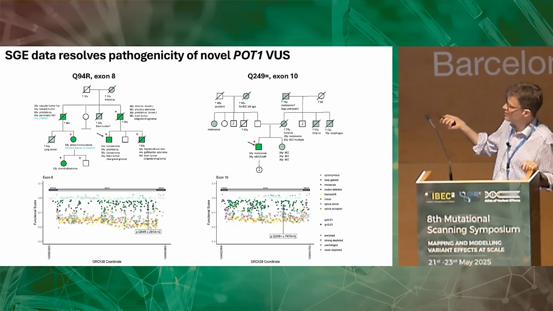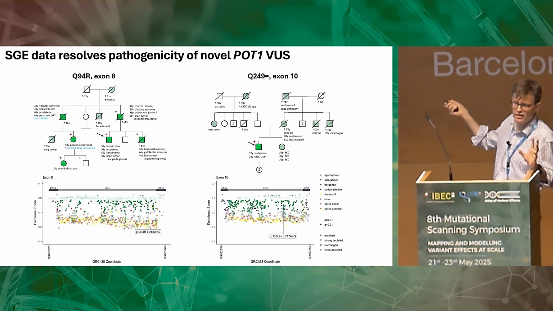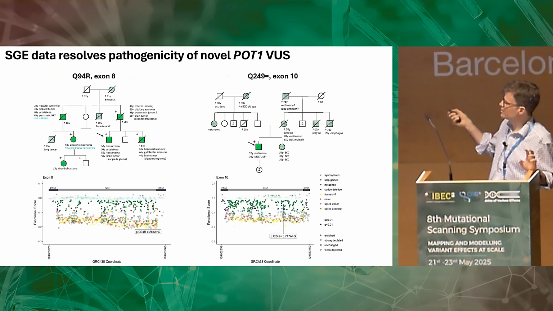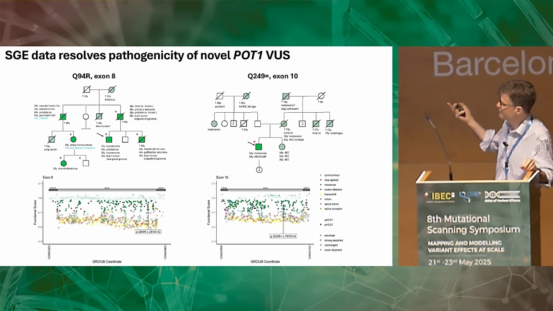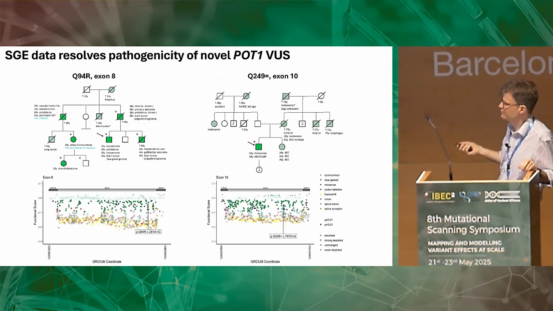This specific variant here, we may well have suspected could be disruptive, but this variant in this family here is a synonymous alteration, and we certainly wouldn't have predicted that this was disruptive of function. So the fact that we're generating all of that different nucleotide level variation across the entire gene gives us an opportunity to explore variants like this. And in keeping with this family history here, this variant we can also find is disruptive.